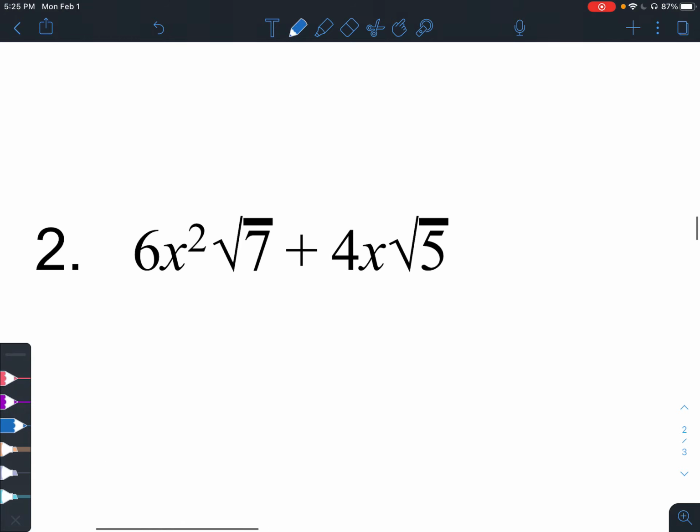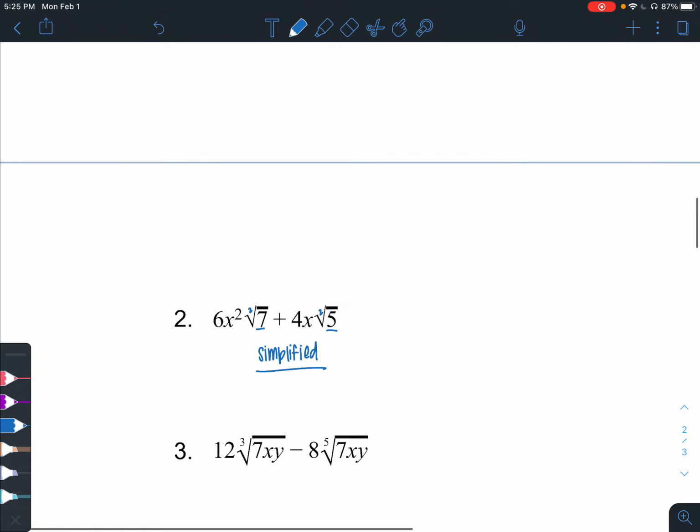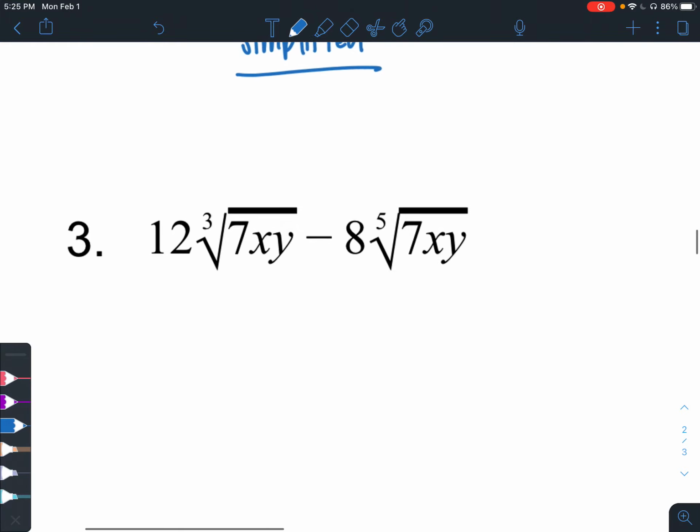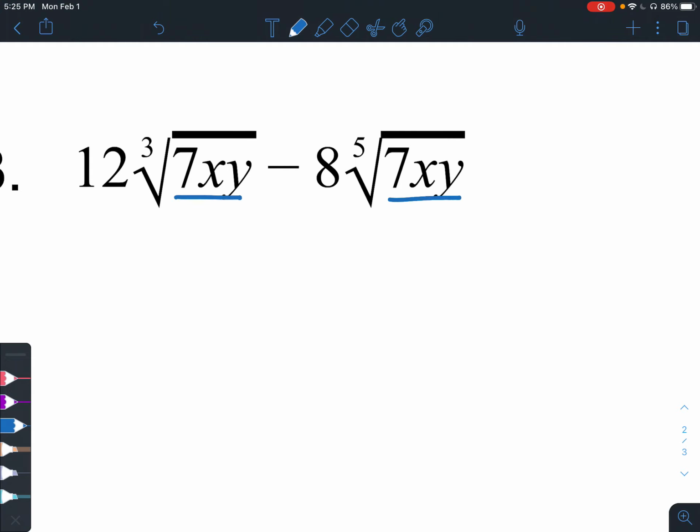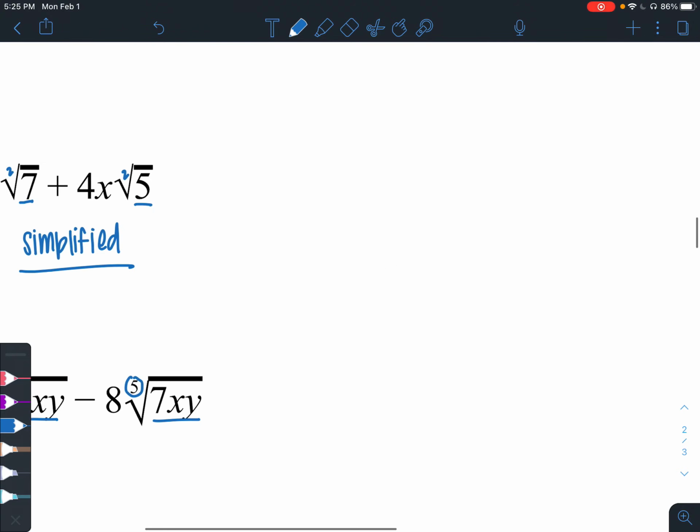All right, so for this one here, I've got an index of 2 on both of them, but I have radicands of 7 and 5. They don't simplify any, so we can just write simplified. It's already simplified for us. Okay, this next one here, I've got same radicand, different indexes.